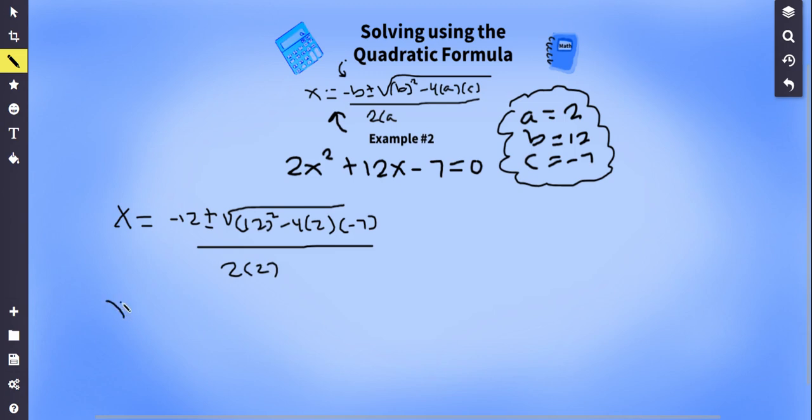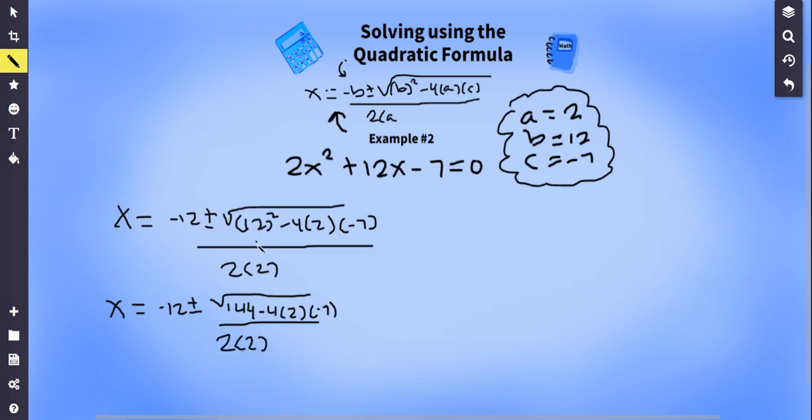Now we can simplify. So x equals negative 12 plus or minus the square root of, 12 squared is 144, minus 4 times 2, I'm just doing this step by step, times negative 7, over 2 times 2.